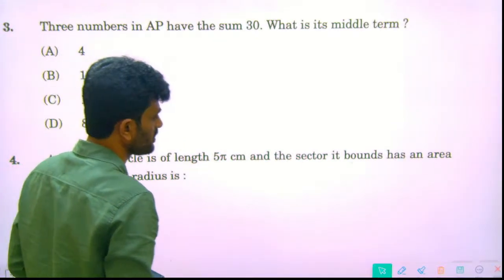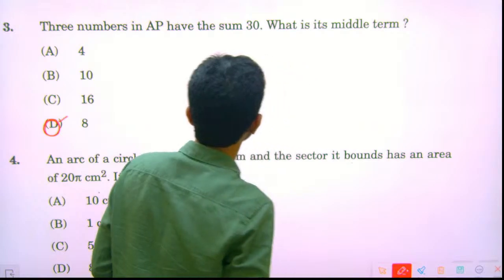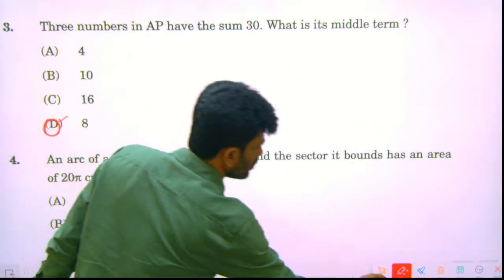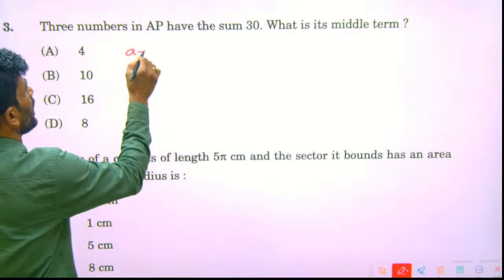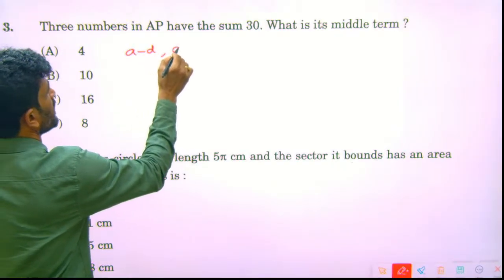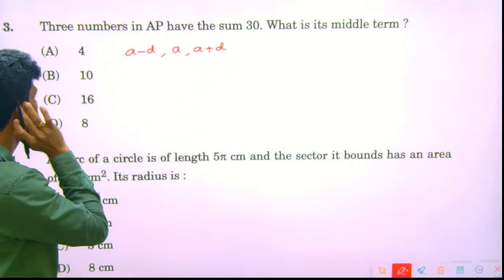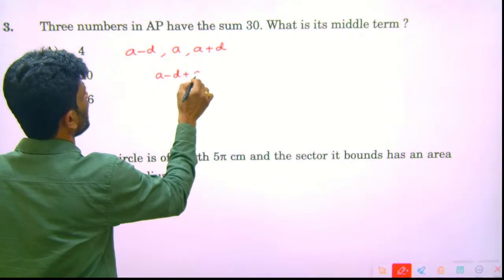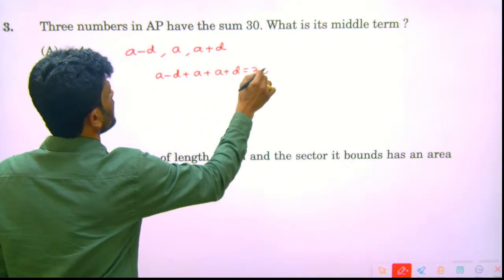The 3 numbers in AP have the sum 30. Then whenever like this it comes, you have to take the numbers like this. A minus D is one number, A is one number, A plus D is one number. Then what happens? A minus D plus A plus D is equal to, given as, 30. And what happens?